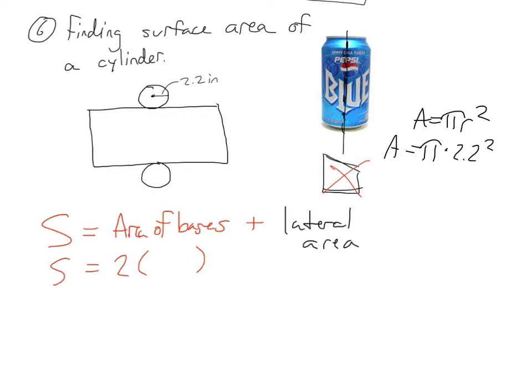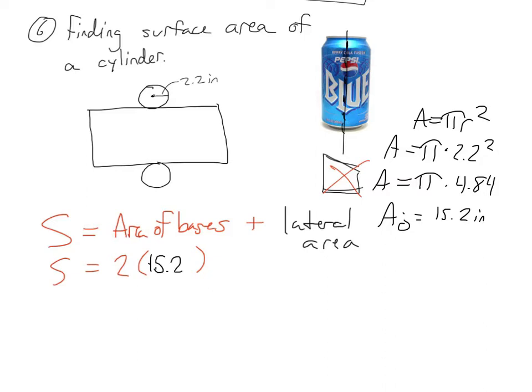What is 2.2 squared? 2.2 times 2.2 gets you 4.84. And 4.84 times pi, rounded, the area of one of the circles is going to be about 15.2 inches squared.